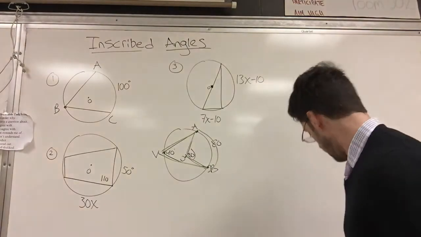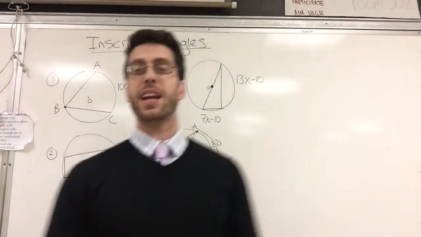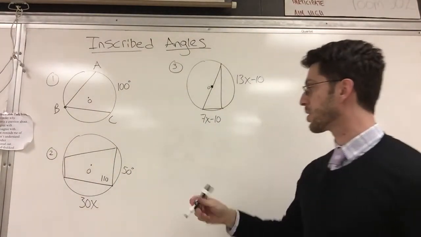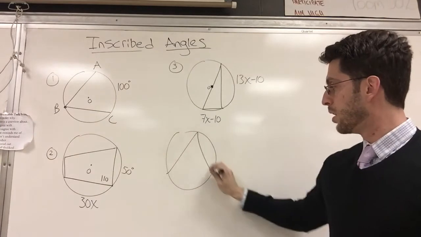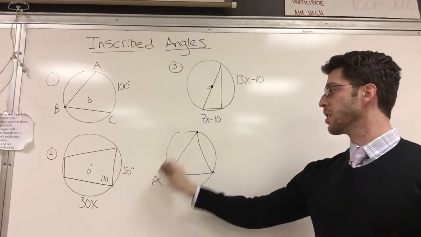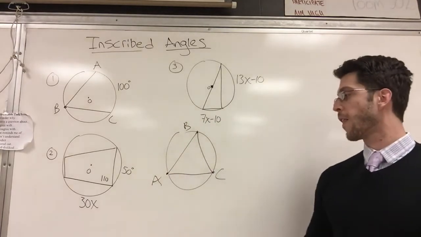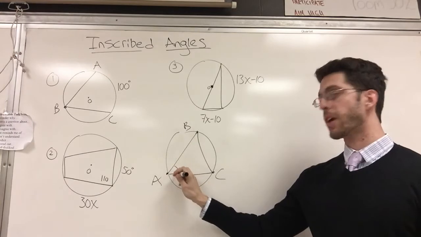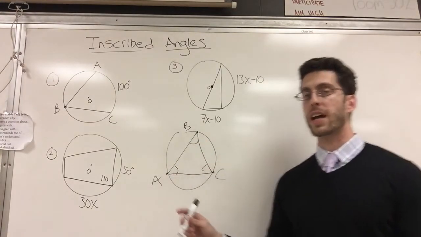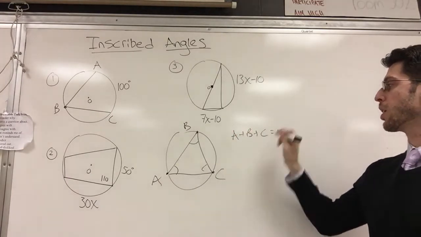All right? Another demonstration would be to just draw a circle and an inscribed triangle. So something like this. Here, all the vertices, A, B, C, are all on the circle. Now think about this. What is the sum of the measures of angle A plus angle B plus angle C? Don't those three angles add up to 180? A plus B plus C equals 180.